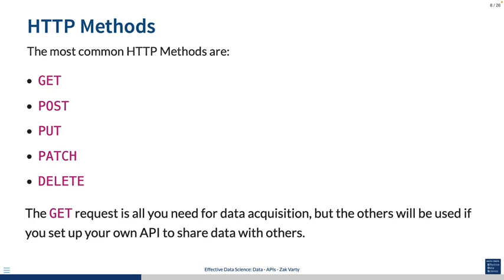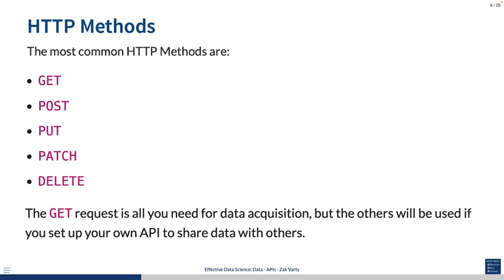The post verb is used to send data to the server, such as when submitting a form or uploading a file. The put verb is used to replace a resource on the server with a new one, while the patch verb is used to update a resource on the server without replacing it entirely. Finally, the delete verb is used to delete a resource from the server altogether.